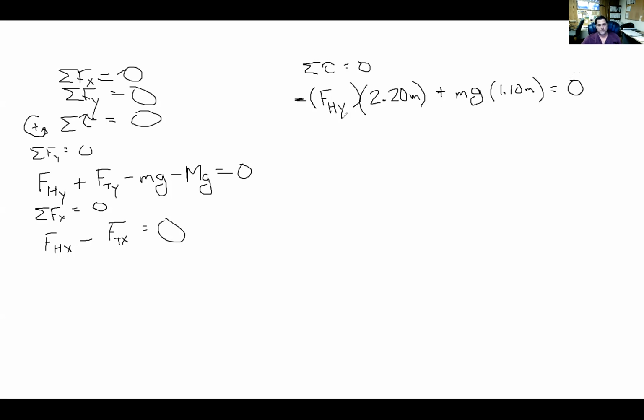So that helps because now we can just solve for FHY.